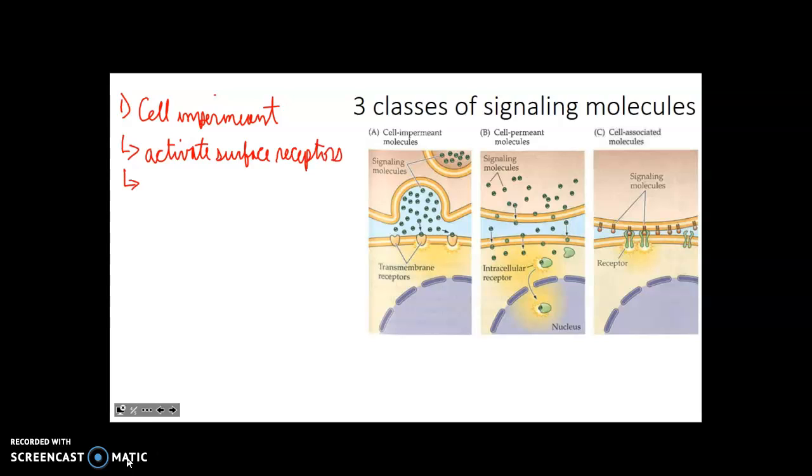Most signaling molecules are cell impermeant. Acetylcholine was cell impermeant. Any of those amino acid based biological or biogenic amines, those are all cell impermeant. Gases are cell permeable. Some lipid based molecules are cell permeable, and that's the next category.